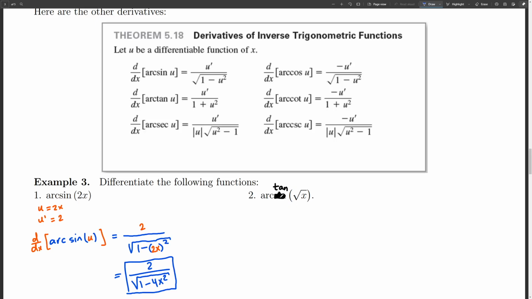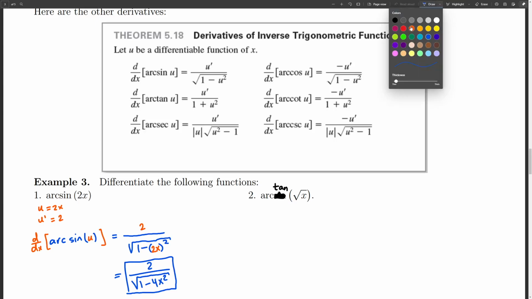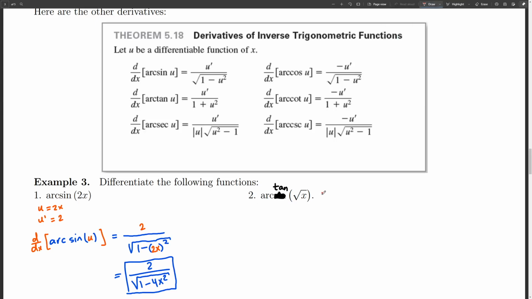Okay, let's look at this example here. We want to find the derivative of the arctan of square root of x. So again, it's not the arctangent of x, so I just take u equals square root of x. And then u prime is going to be a little bit more work.